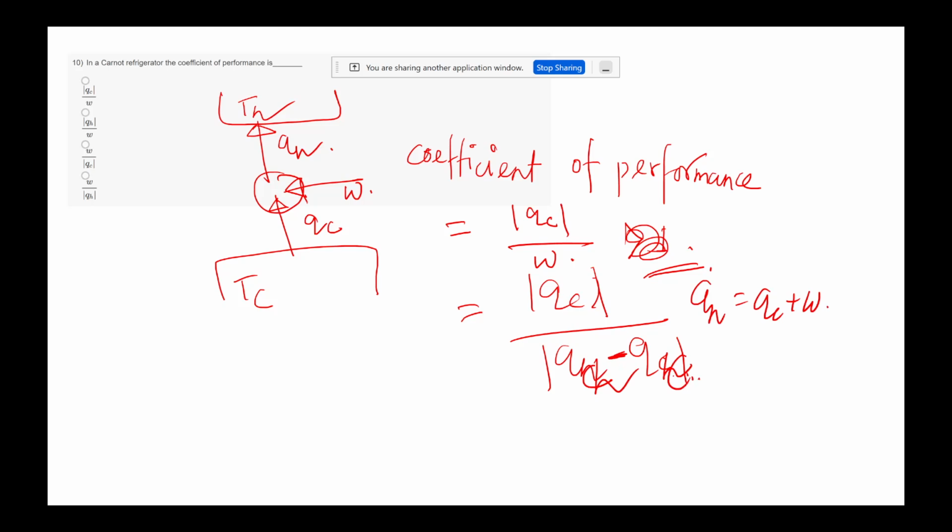These are just the reverse, a change in direction, of the thermal engine or Carnot engine.